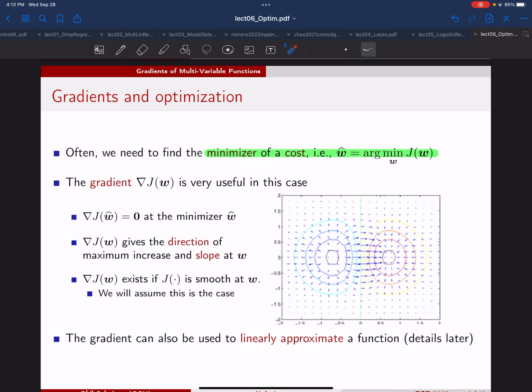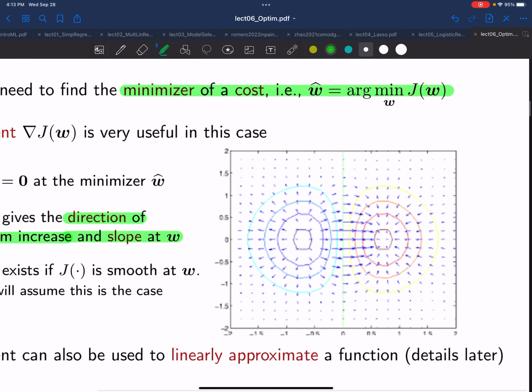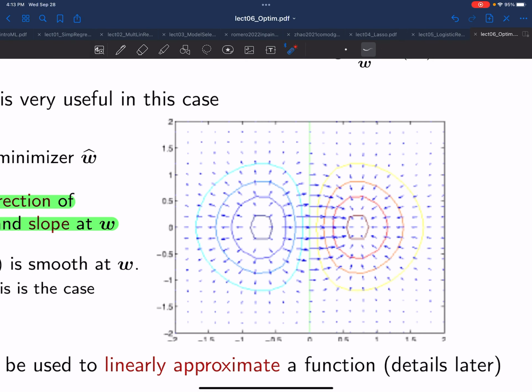So we want to think about the gradient of J. The gradient of J is basically going to be a vector of the same size as W that tells us the direction of maximum increase at the point W, as well as the slope, how much increase you have at that point. So in other words, if we have this picture here, the little arrows are showing the gradient.